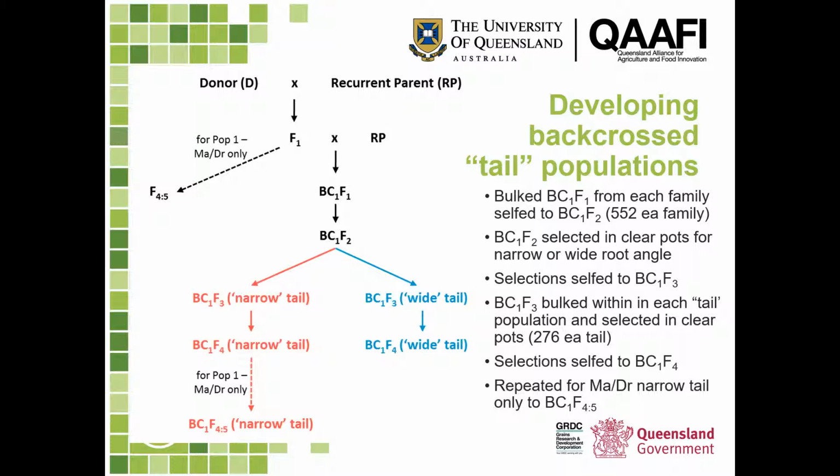She then let them self to the F2 in the segregating, and she selected those segregating populations to have either wide or narrow tails in the transparent pot system. She then allowed those to self again and selected again in the narrow pots, and only for the Mace Drysdale population she did that for a 3rd generation.